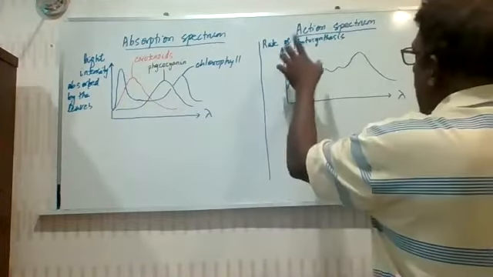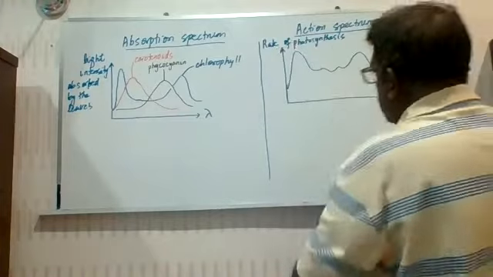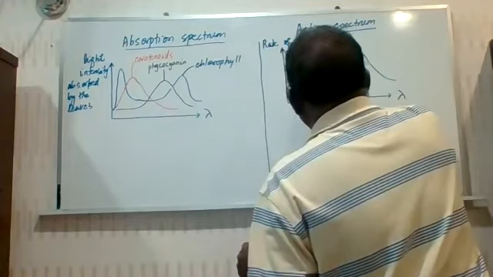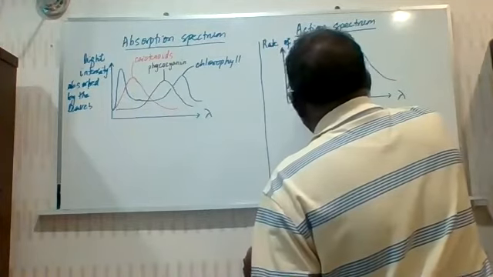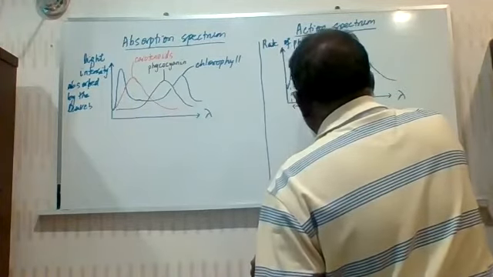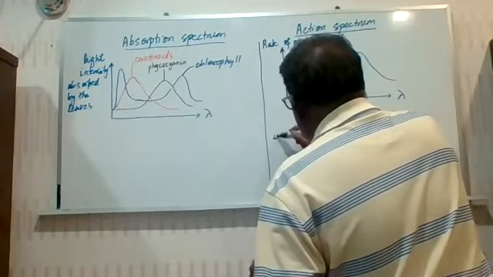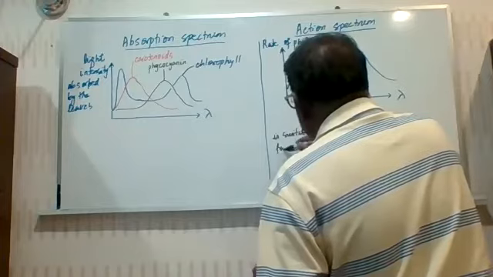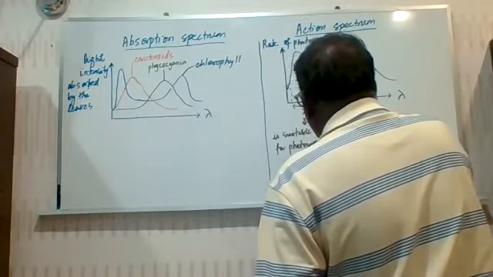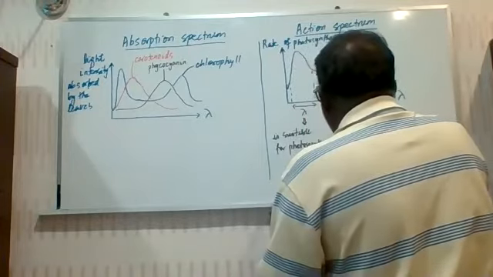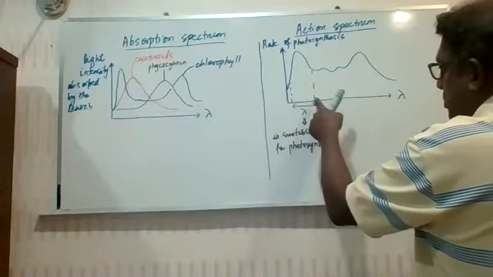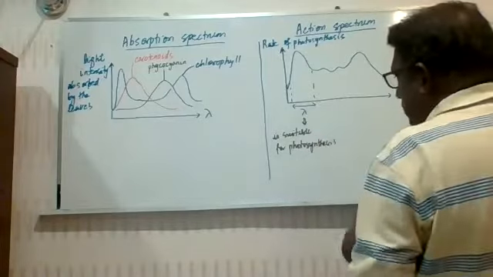A high rate of photosynthesis occurs within this range of lambda. That means lambda within this range is suitable for photosynthesis.